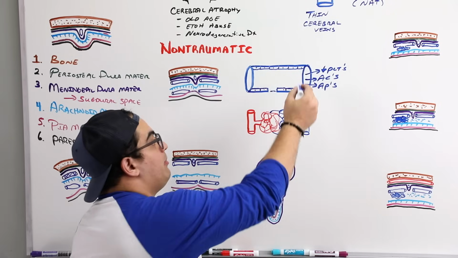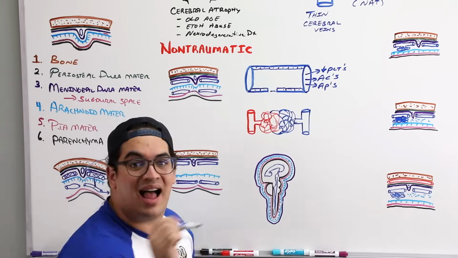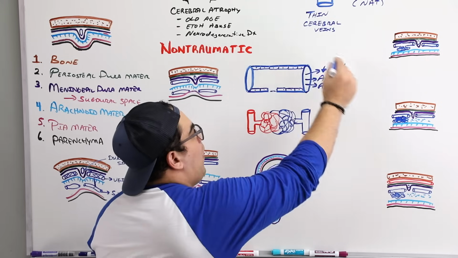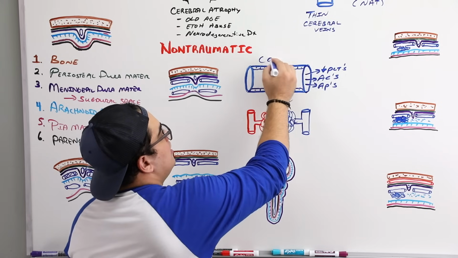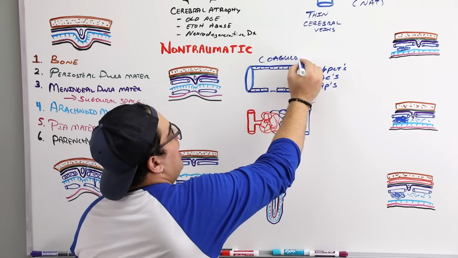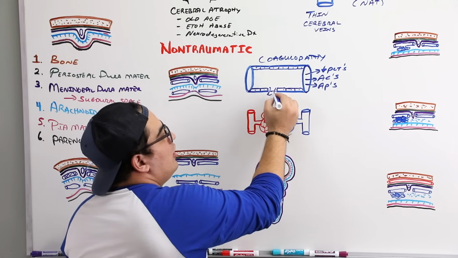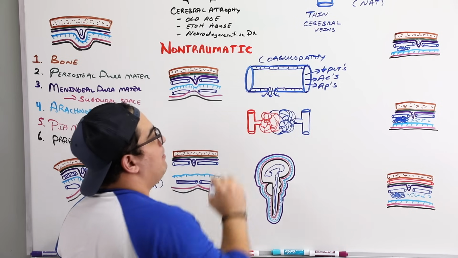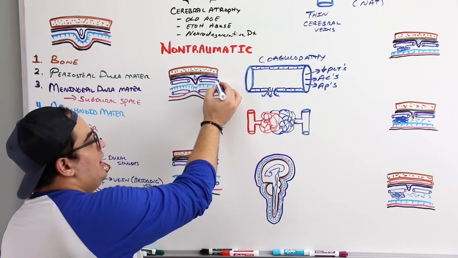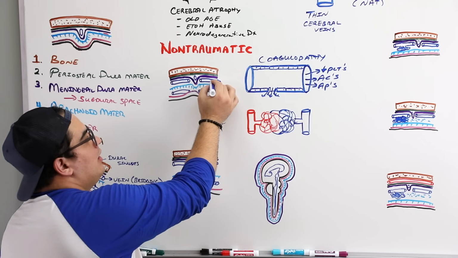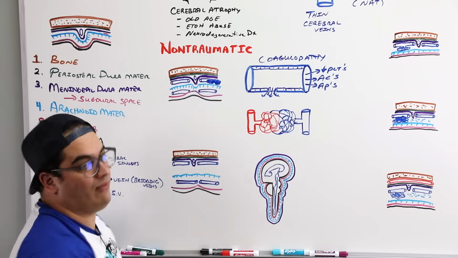And now it's hard for the platelets to even stick there because these drugs are blocking them. This could be a coagulopathic cause. So if they have some type of coagulopathy, that could be leading to them not being able to close up these micro tears, and bleeding can start to form. And as that bleeding starts to form, it can lead to, again, that subdural hematoma.